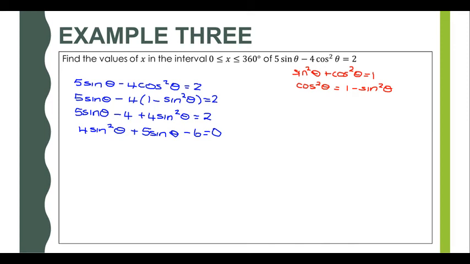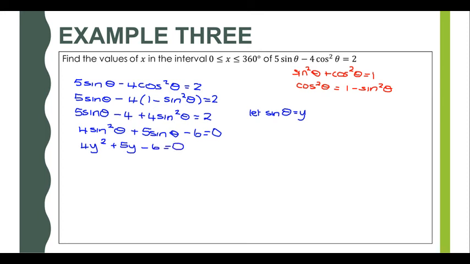I'm now going to let sine theta equal y. So my equation becomes 4y squared plus 5y minus 6 equals 0.